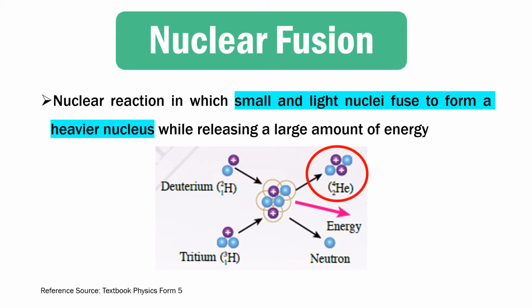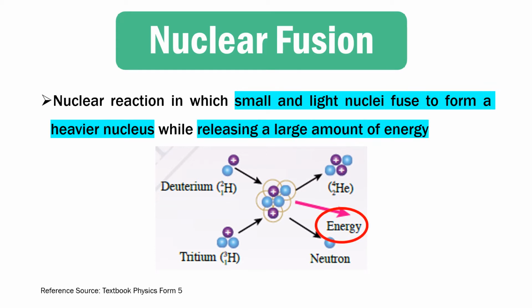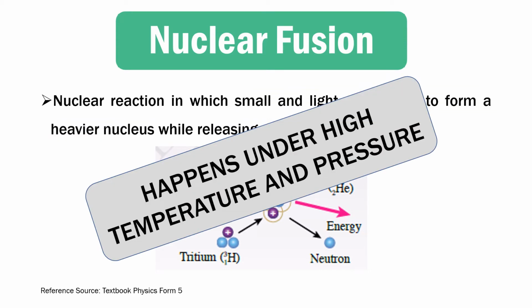The two nuclei fuse to form a heavier nucleus, which is helium. A large amount of energy is also released, same as the nuclear fission process. But there is an important point that you should know. Nuclear fusion happens under conditions of high temperature and high pressure.